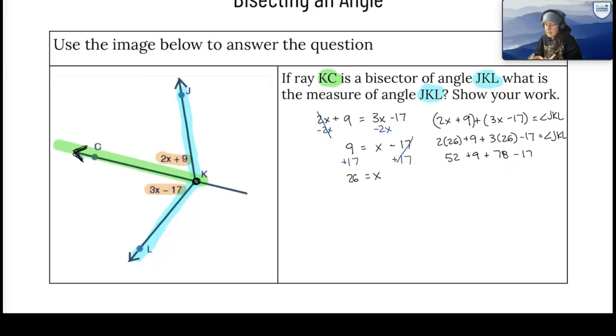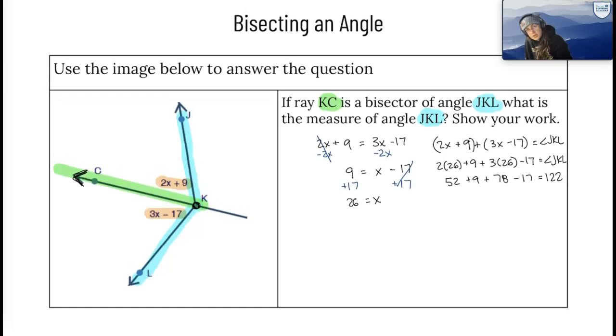I'm going to get out my handy dandy calculator: 52 plus 9 plus 78 minus 17 equals 122. So now we know that the measure of the angle is 122. Remember, you're labeling 122 degrees. Angle JKL equals 122 degrees.